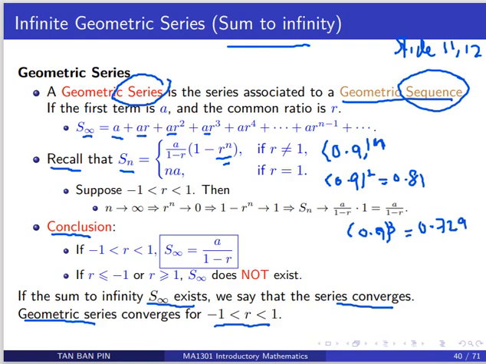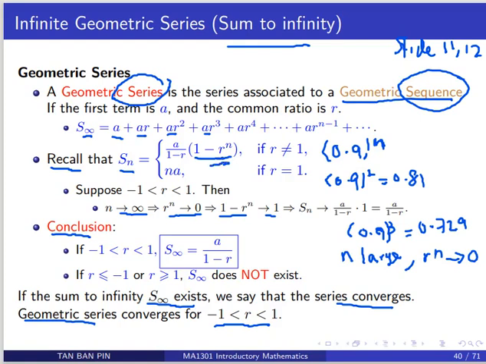So when n gets large, r to the power n will tend to 0. It becomes very, very small. So when n tends to infinity, r to the power n tends to 0. So the factor 1 minus r to the power n will tend to 1, which means this part will become 1.